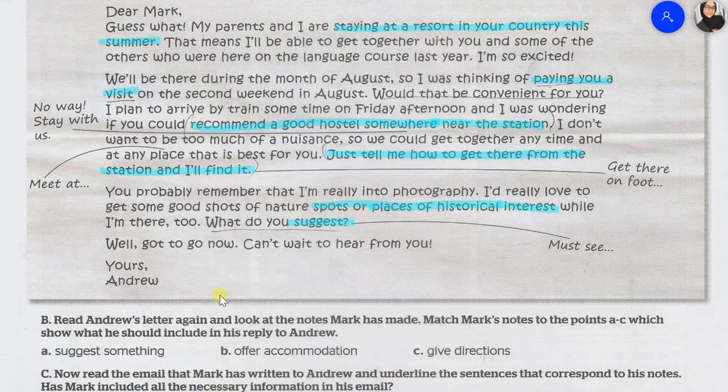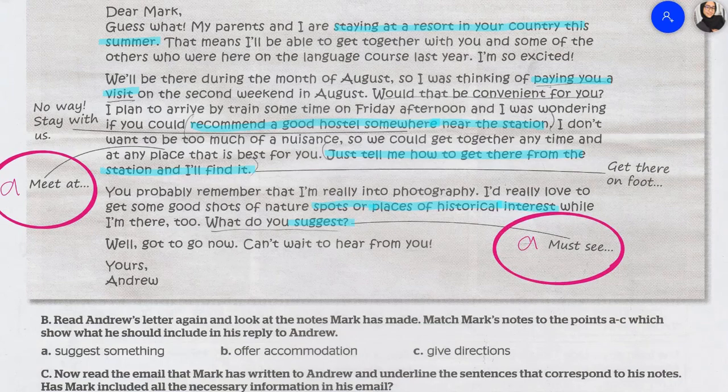Right, so let's match these points with the notes given. A, which one of these notes do you think is suggesting something? Is Mark trying to suggest something to Andrew? So Mark is required to give suggestion at something in this section, this section A. Yeah.